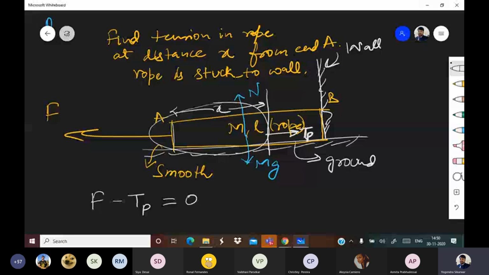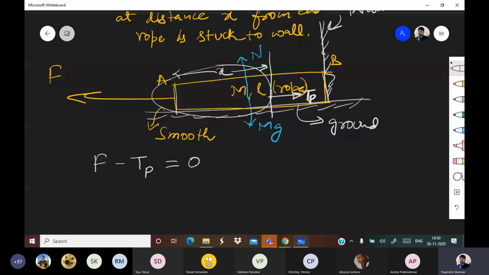Even if mg is acting downward, the horizontal force is F minus TP is equal to 0. So F will be equal to TP, as mass is not coming into the picture, it is not going to affect at all.